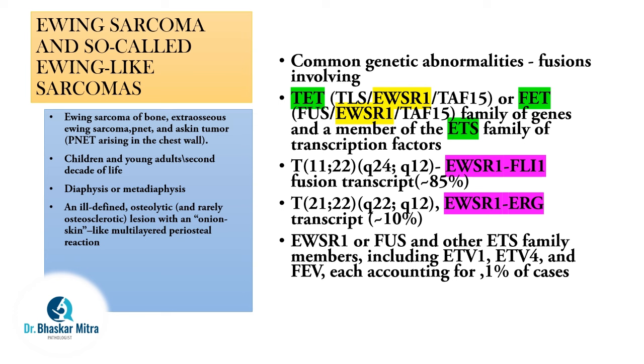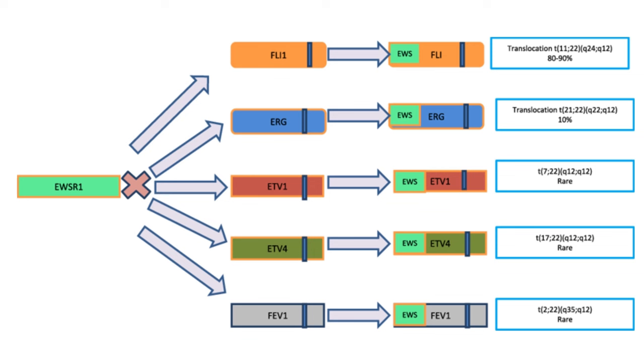This constitutes about 10% of these cases. Then comes EWSR1 with non-FLI1 ETS family members, where we can find other ETS groups like ETV1, ETV4, FEV. This group of tumors comes into this category. So there are different partner genes for EWSR1.